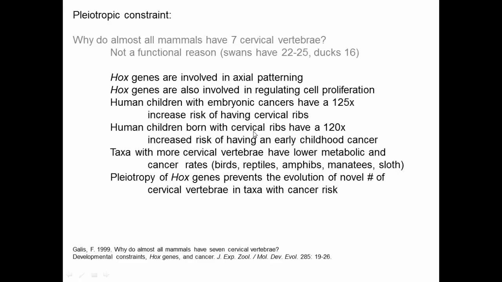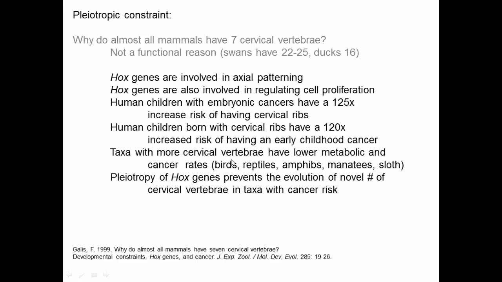So again, during development, something has changed with the axial patterning. Those individuals have 120 times higher risk of having early childhood cancer. So there's this connection between mutations that change the nature of cervical vertebrae and cancer, probably caused by the fact that these genes are doing both of these things, right? Regulating what part of the body develops into what part, but also regulating cell growth.